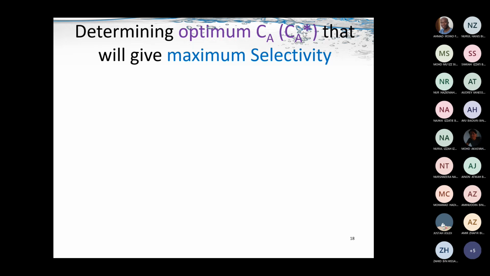Selalunya you ada selectivity, katakan kita ada selectivity punya value, and then selectivity ni akan bergantung pada RA ataupun RD pun terpulang lah. Okay, dalam term ni kita akan kaitkan dengan concentration.